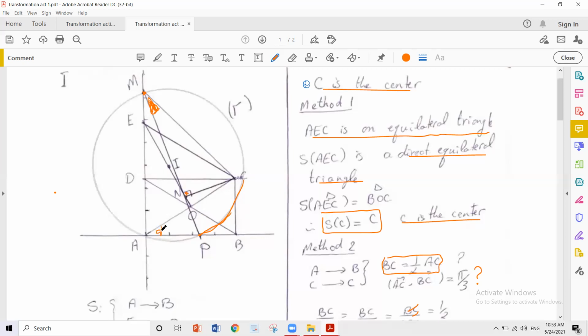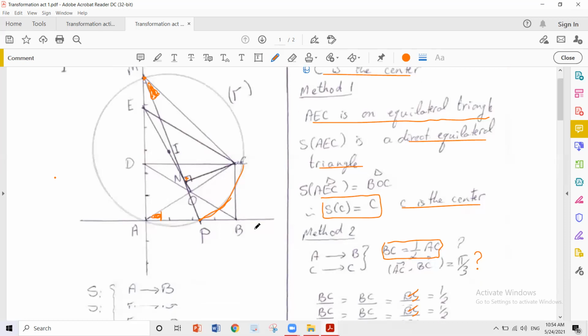And this angle is also an inscribed angle equal to half arc CP. So this angle equals that angle. Then this angle equals that angle equals pi over 6.